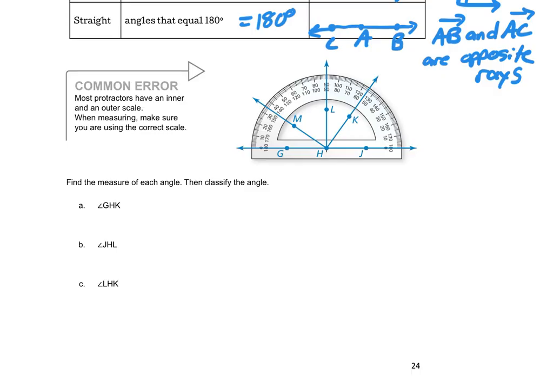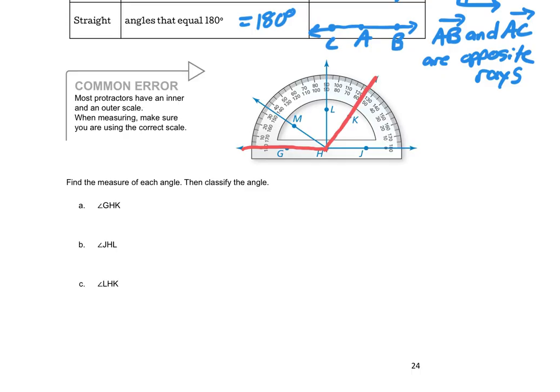Okay, so here's what we do. GHK. I'm going to highlight GHK in a different color. We're going to go GH to K. If I look at that angle, is that angle less than 90 or bigger than 90? Bigger than 90, okay? So I have two choices here. I can either use the number that's between 50 and 60, but that's small, right?